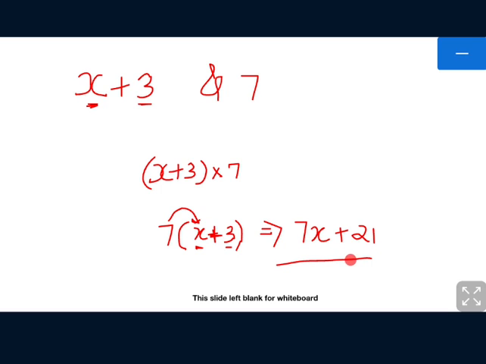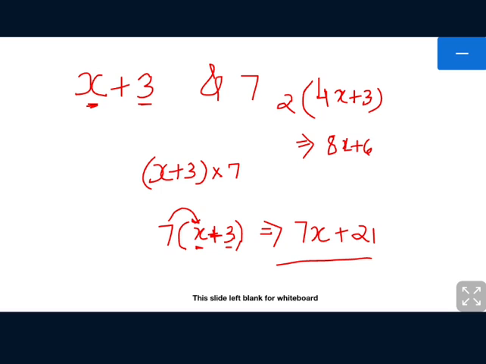So this is your answer: 7x plus 21. In the same manner, if I give you to solve 4x plus 3 multiplied by 2, what will be your answer? 8x plus 6. Yes, that's correct.